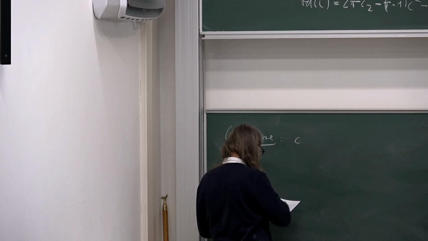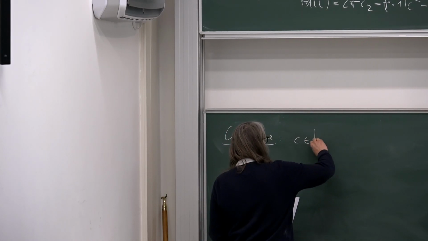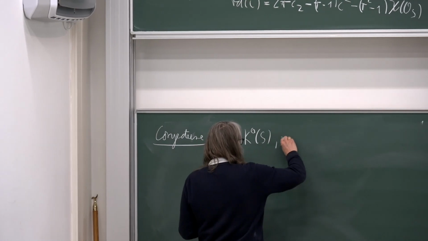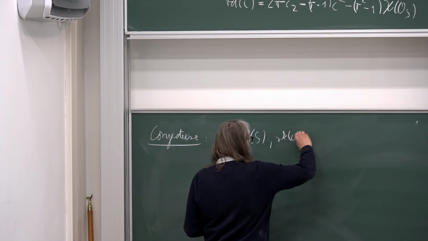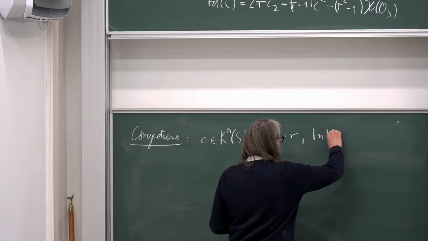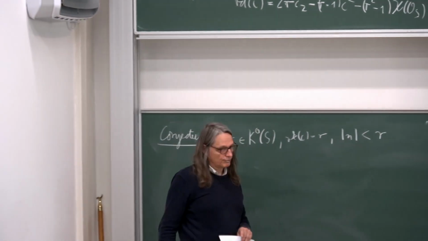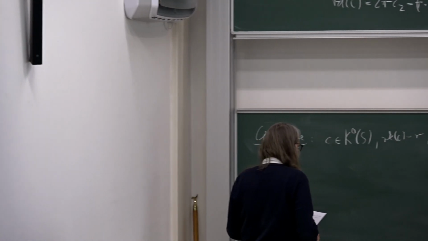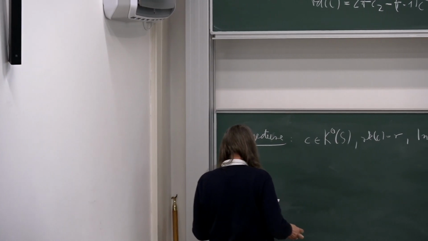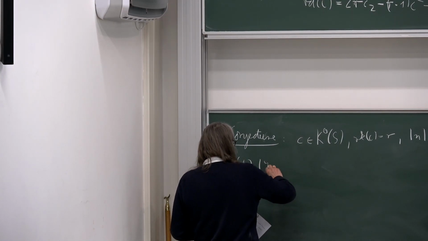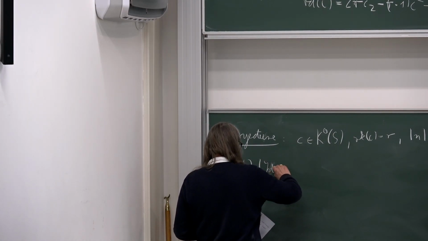Say C is a class in K_0 of S of rank R, and N is smaller than R, so these only hold when the rank of the bundle is smaller than R. And then we have two kinds of blowup formulas. The first one we could call identity formulas.